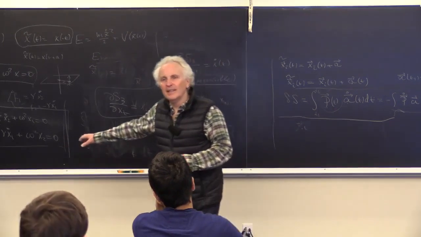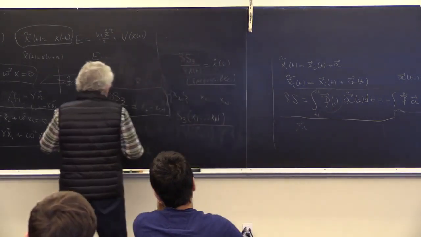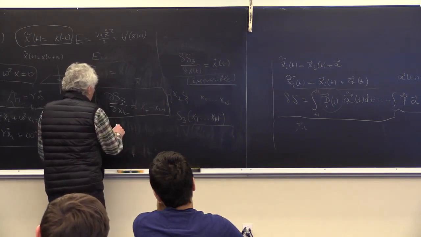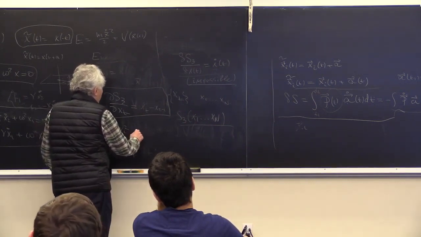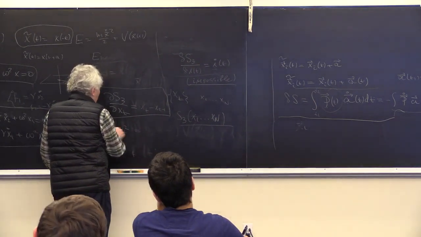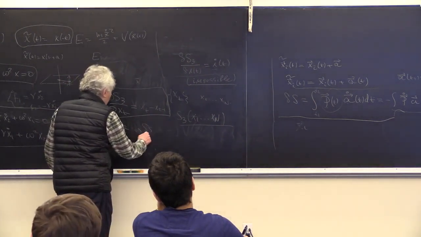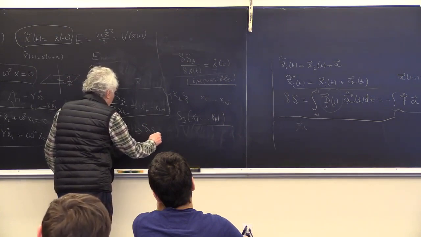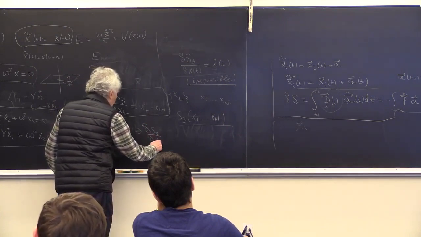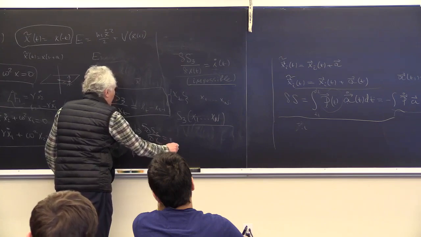It will be one half of the sum over t of x_t squared. In this case, if we take this, the partial derivative dS/dx_t will be x_t.